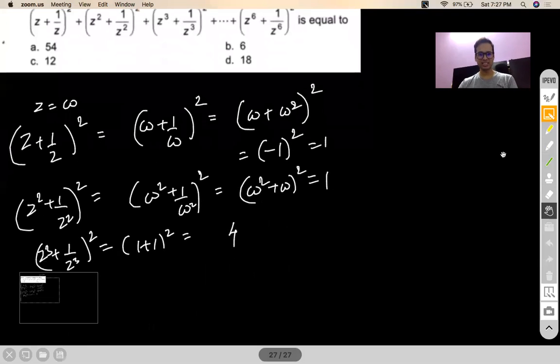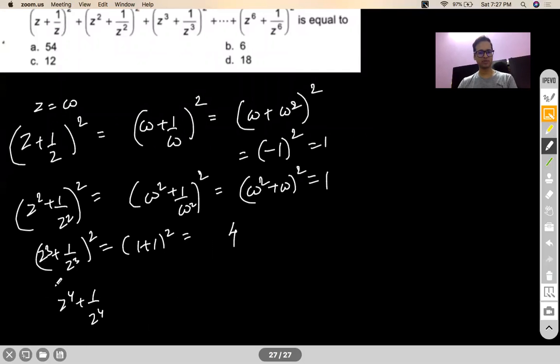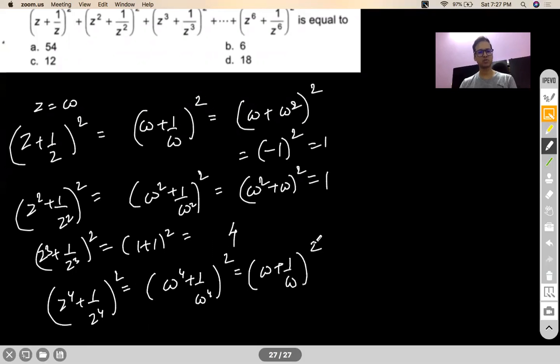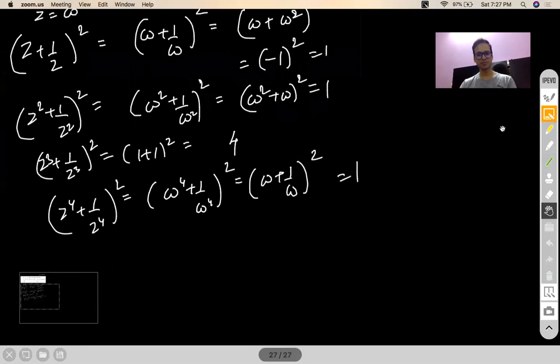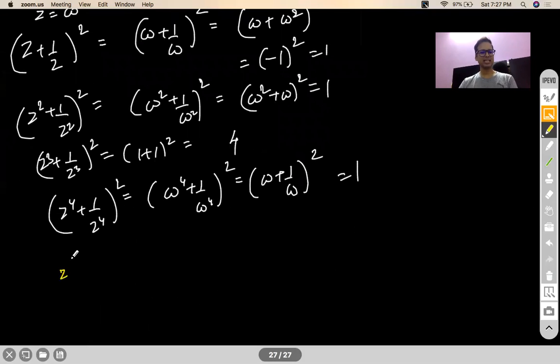Now, after this, the next term that you get, z to the power 4 plus 1 by z to the power 4 squared, it is actually omega to the power 4, 1 by omega to the power 4 squared, which is back to omega plus 1 by omega squared, which is the same as the first term. So that will also be 1. Correct? And likewise, I don't have to write everything. This will also be 1.